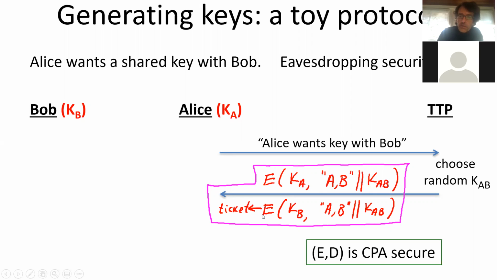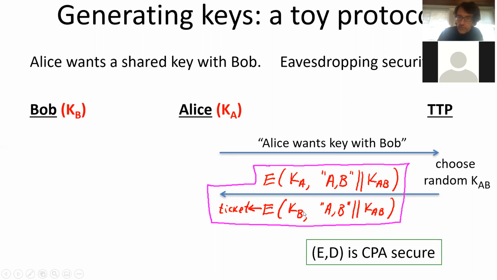In addition, Alice gets a ticket that is an encryption under Bob's key, KB, of something that looks basically the same as what Alice got. How does TTP form this? This key is chosen fresh every time. So this is a fresh key that TTP chose.